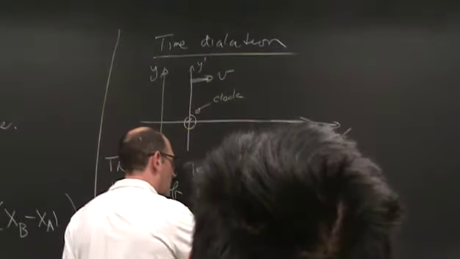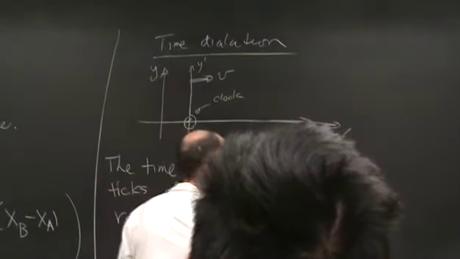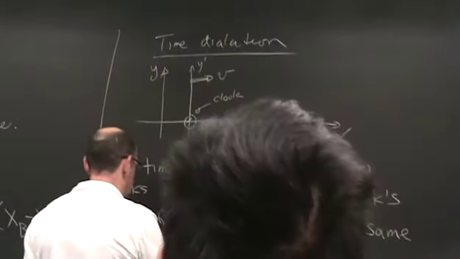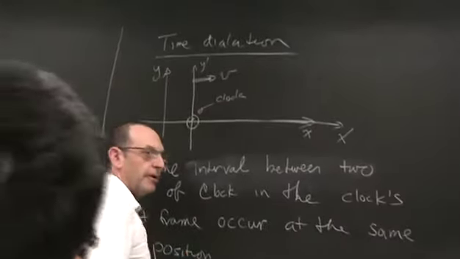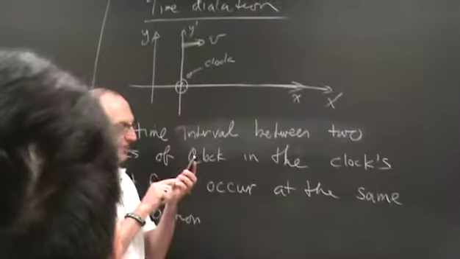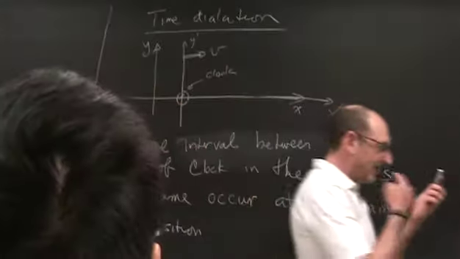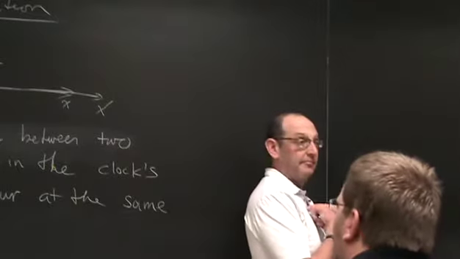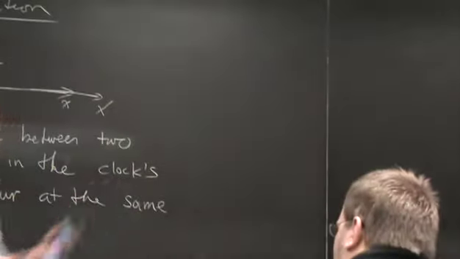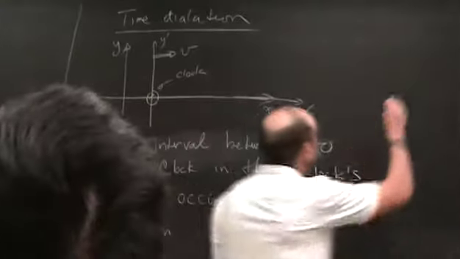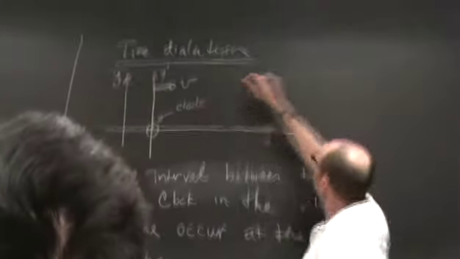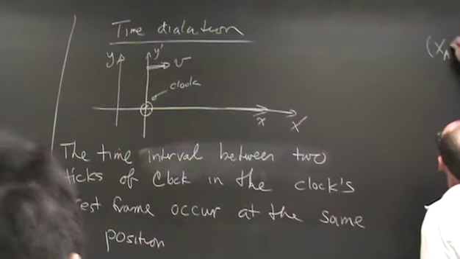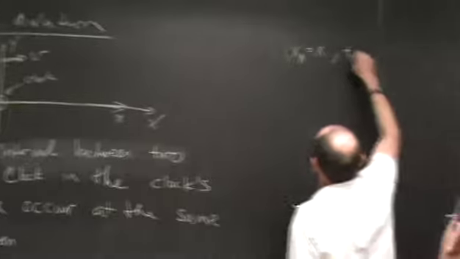occur at the same position. Right? As I'm moving along, as far as I'm concerned, this is happening at the same position in my frame. Okay? Relative to you, it's moving. So those two events in the S prime frame happen at some position x, at times ta prime and tb prime.